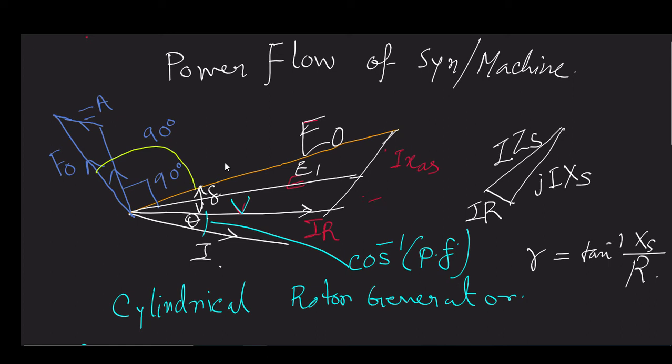where this is jIXL, this is jIXS. Now delta is equal to 90 degrees. It means you can understand that it's clearly a very hypothetical situation, because how can it become 90 degrees? Think about it.